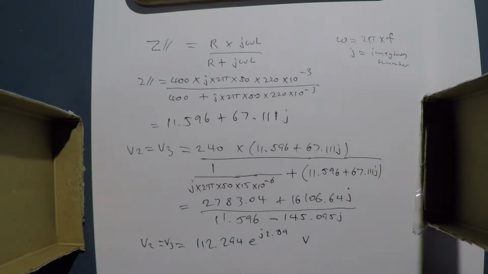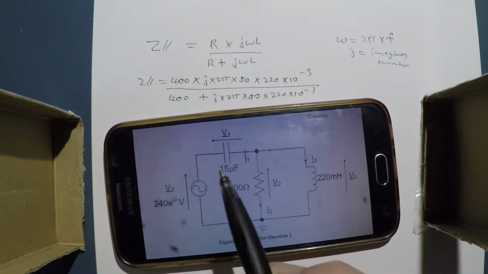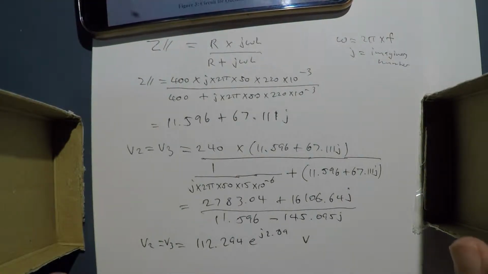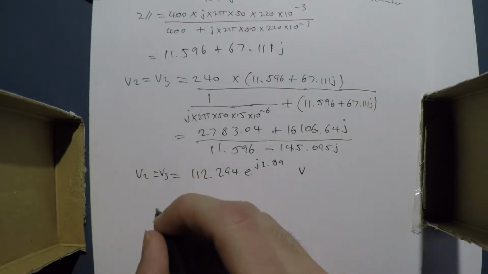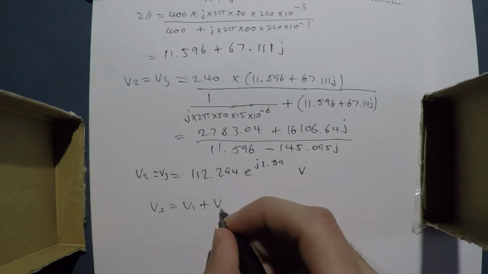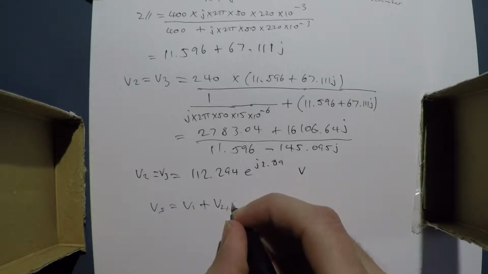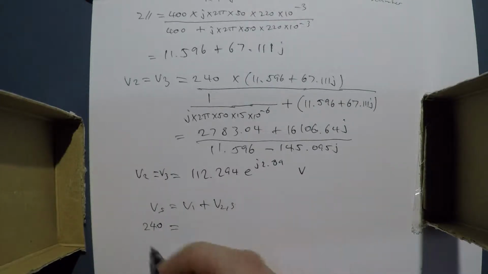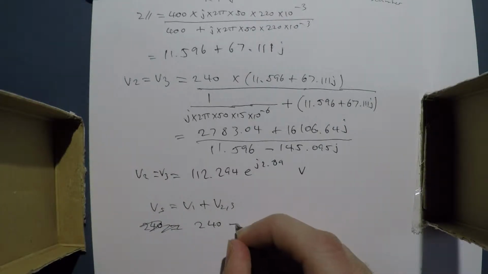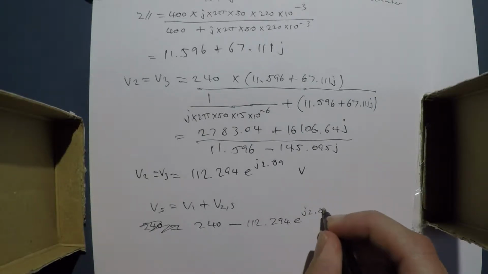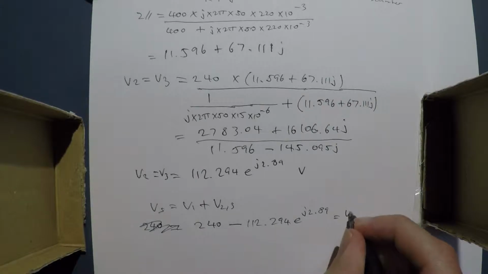Now to find the voltage V1, which is across the capacitor, I'm just going to write a little equation. V source equals V1 plus V2, V3, because they're the same. So we have 240 minus V2, V3, which is 112.294 e to the j 2.89, and that equals V1.